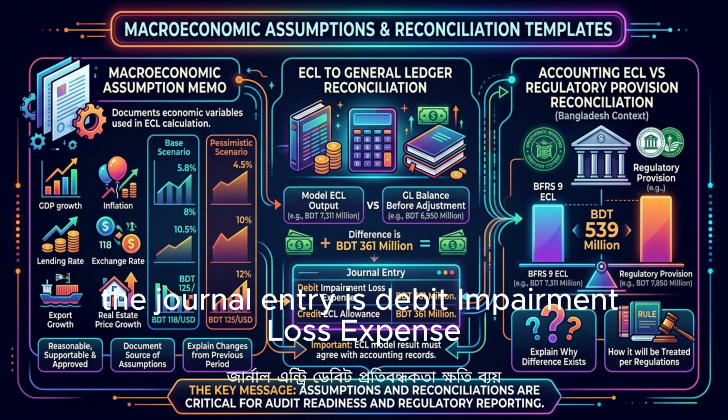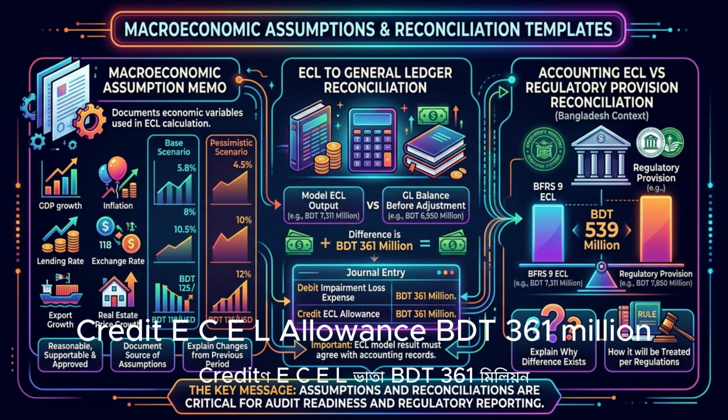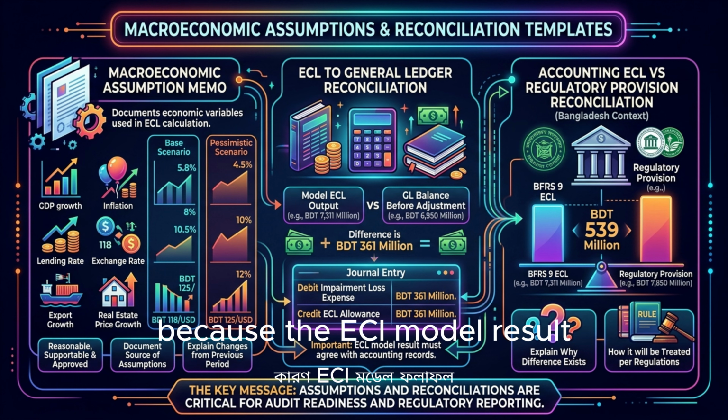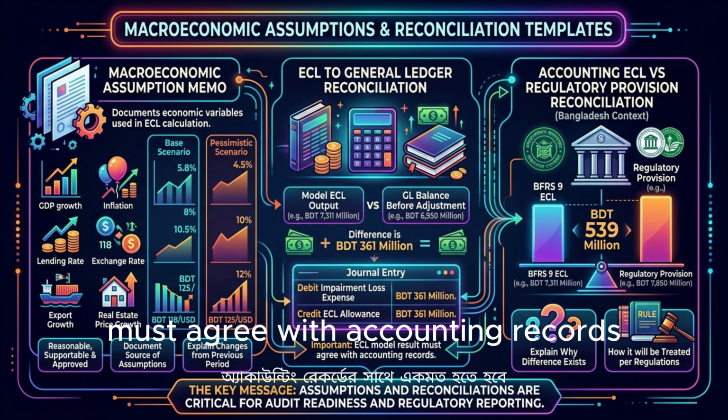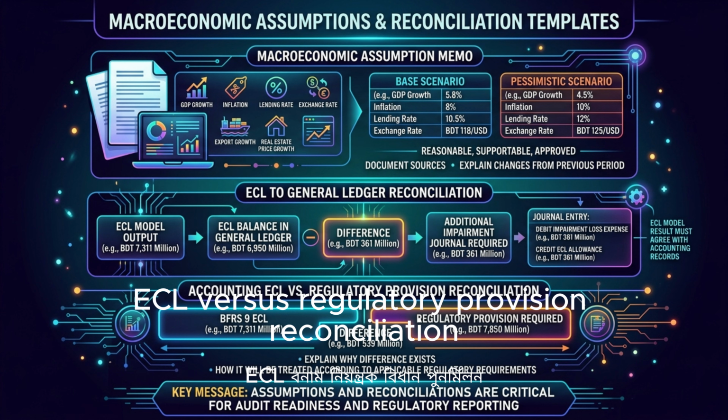The journal entry is debit impairment loss expense BDT 361 million. Credit ECL allowance BDT 361 million. This reconciliation is important because the ECL model result must agree with accounting records. Now let us discuss accounting ECL versus regulatory provision reconciliation.